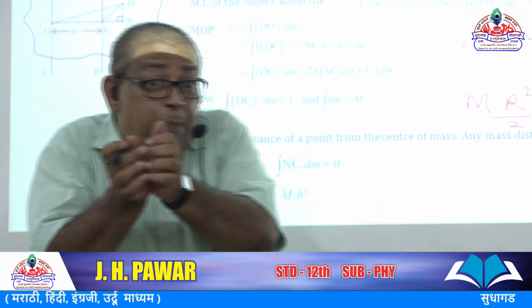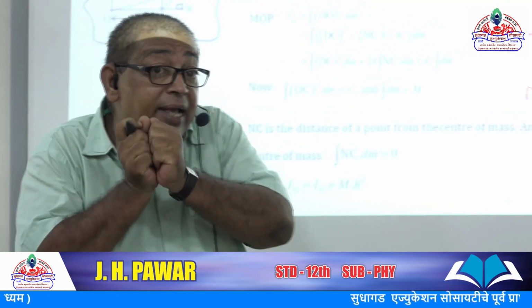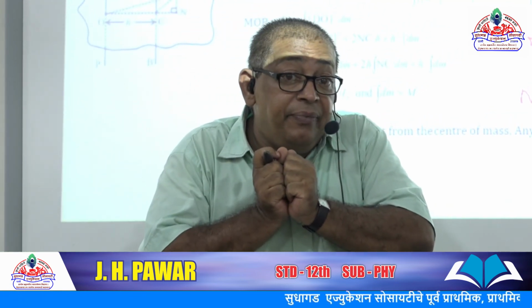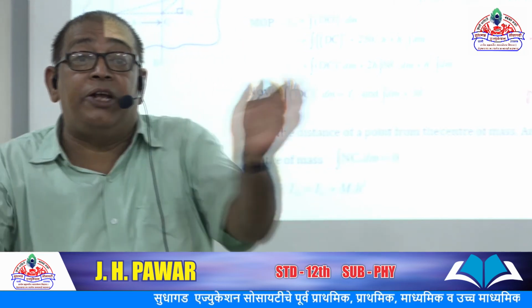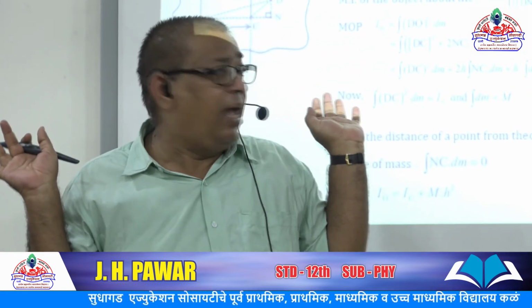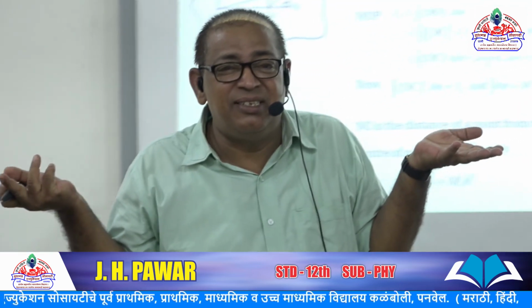With the help of the concept of radius of gyration, we can explain how mass is distributed from the axis of rotation. And k is nothing but a distance.